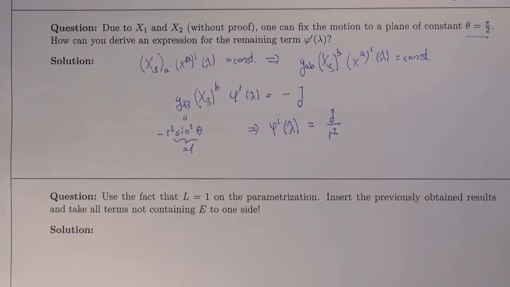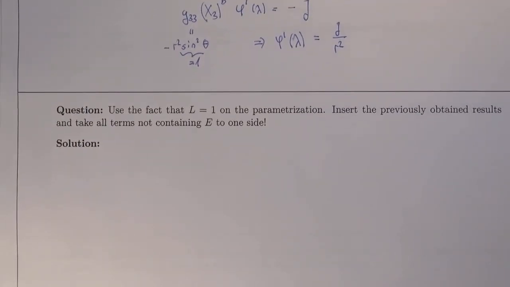And now we are prepared to look at the Lagrangian again. So we now use the fact that the Lagrangian is equal to 1 over the whole parametrization. So the Lagrangian itself is a conserved quantity. And now we want to insert all the previously obtained results, and then we'll see what we get out.